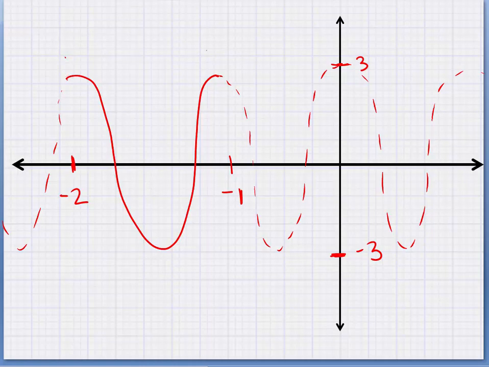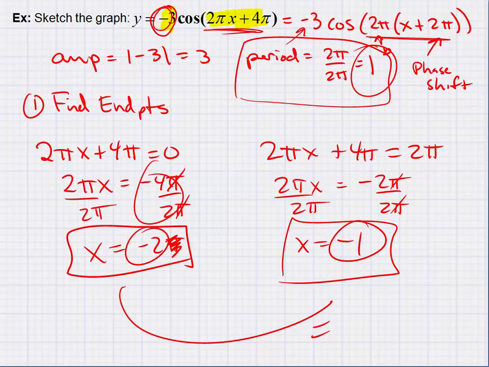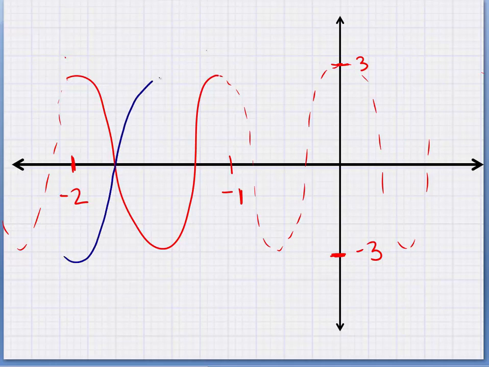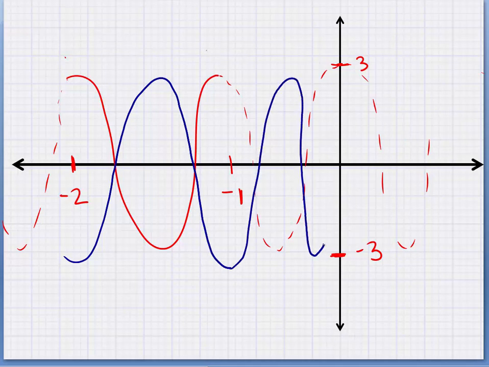Now remember, if you go back to our original function, there's a negative there. So that negative is going to flip it over. If I change my color a little bit so you see the difference, my graph is going to look like this for one period, and it's just going to continue on and on. Now we just have to label things.